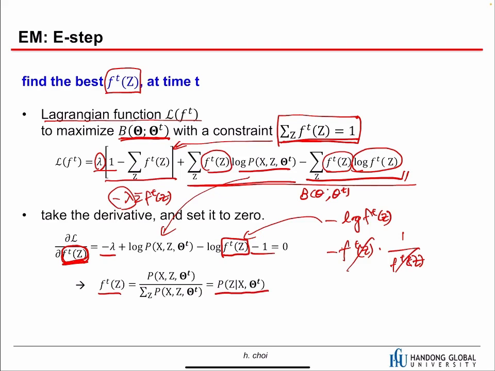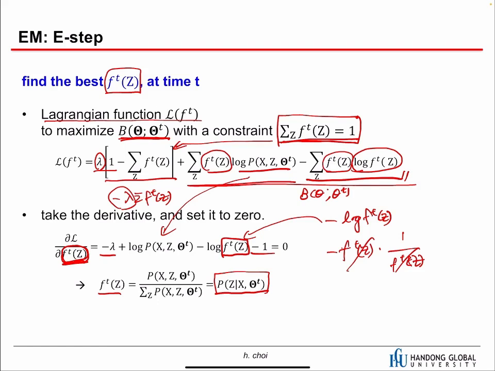So this means the best f of z is the conditional probability of z given x and theta t. Actually, this is quite intuitive, quite straightforward in a sense, trivial, right?